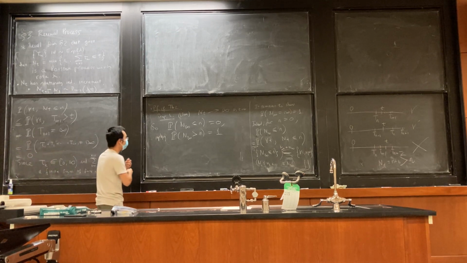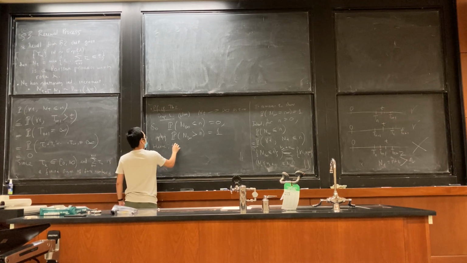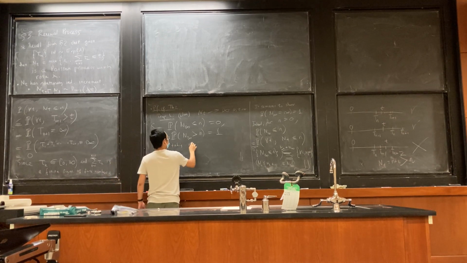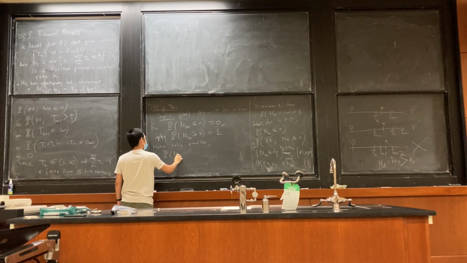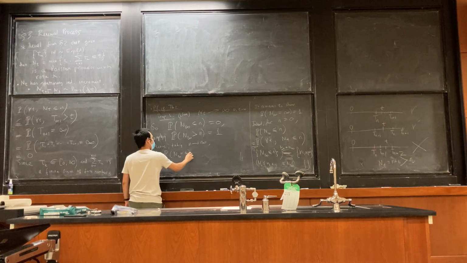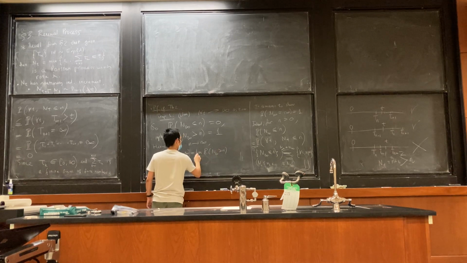Taking n to infinity, I have the probability of N_t being infinite is the limit of the probability as n goes to infinity.